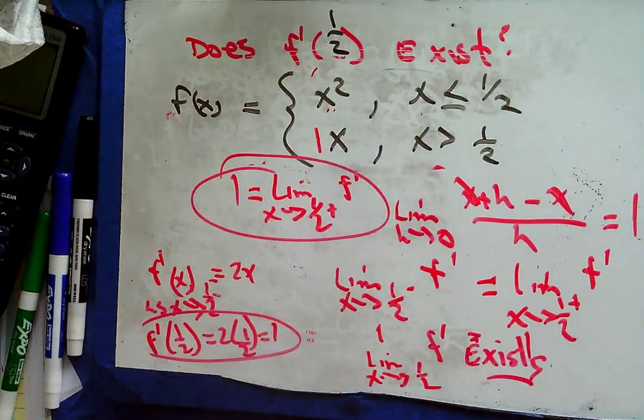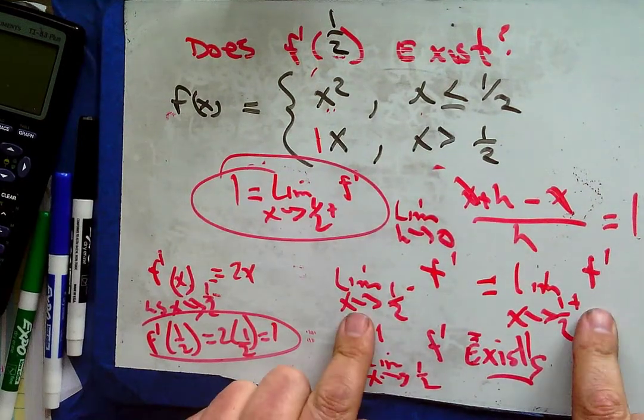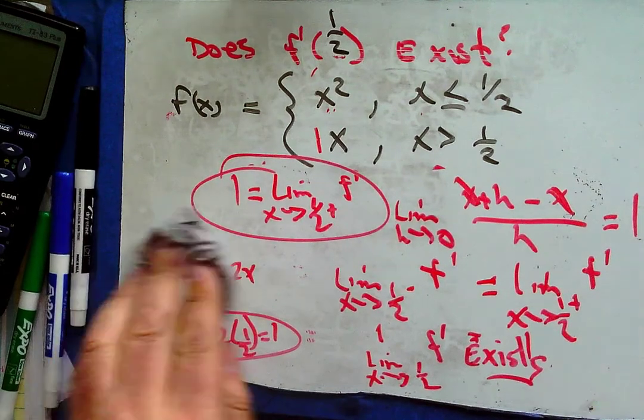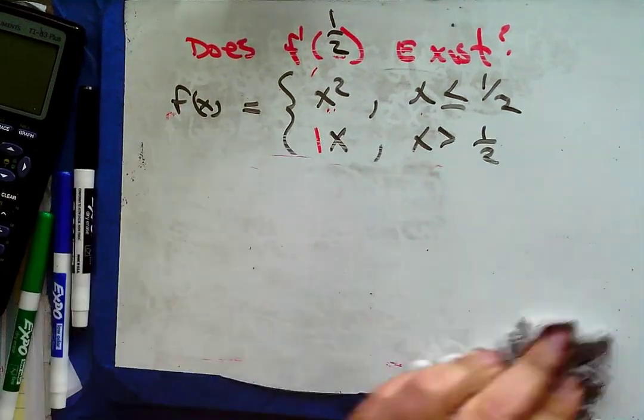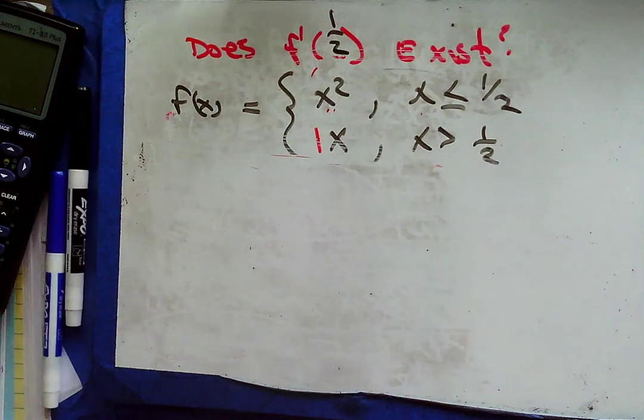But that still doesn't tell me whether f prime of 1/2 exists. What was the other requirement? Besides the limit of the slopes having to be the same from both sides, what else did we need? We needed continuity. And that's why we learned about continuity in the last chapter.